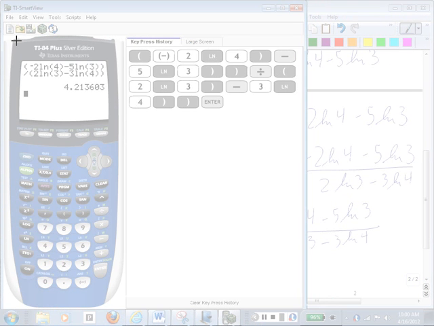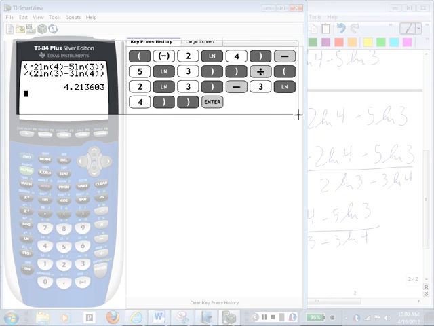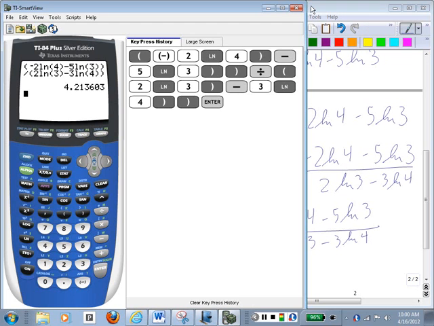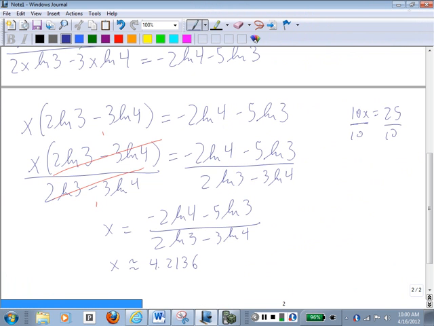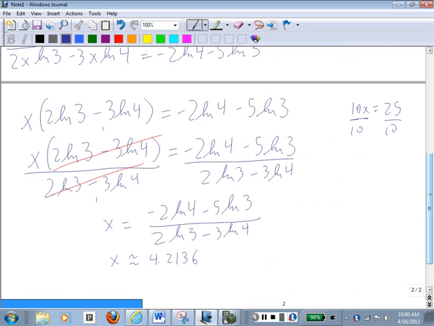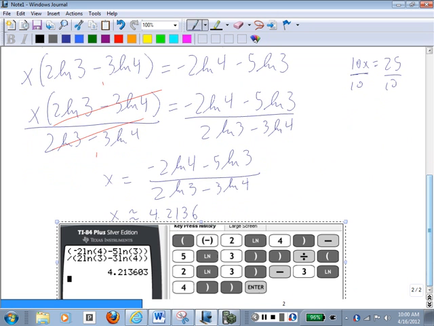Snip this much. 4.2136 if we're going with 4 decimal places. X is about 4.2136. Is there a good place to paste all that? Ooh, right there probably would work. A little smaller maybe.